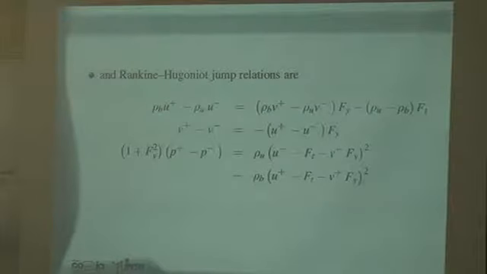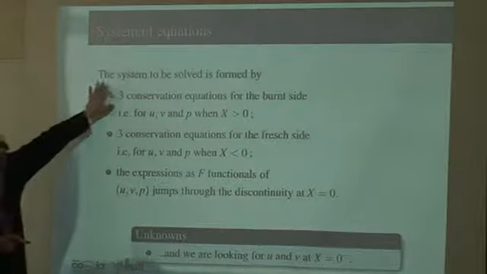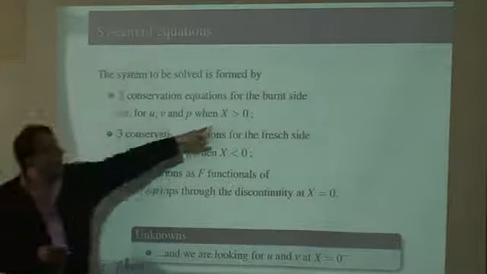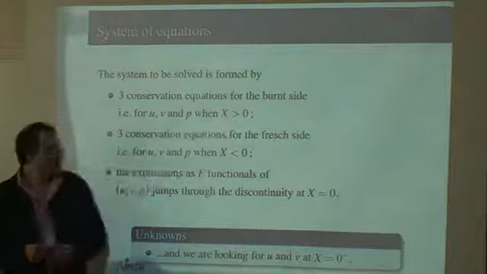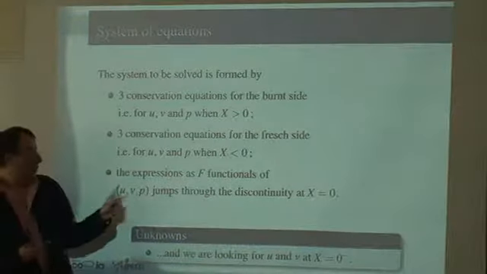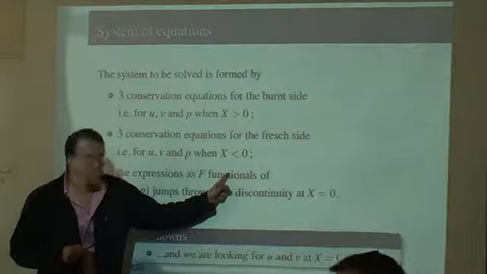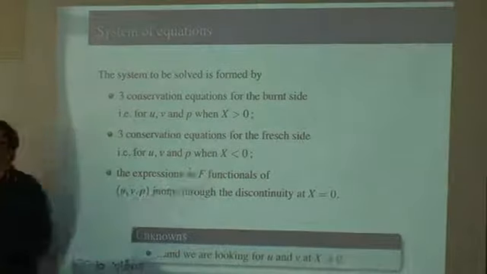You can write Rankine-Hugoniot relationships, jump relations. Okay, easy. So the system of equations to be solved is 3 conservation equations for the burnt side, 3 conservation equations for the fresh side, and expressions of the u, v, p jumps as functionals of the deformation of the front.